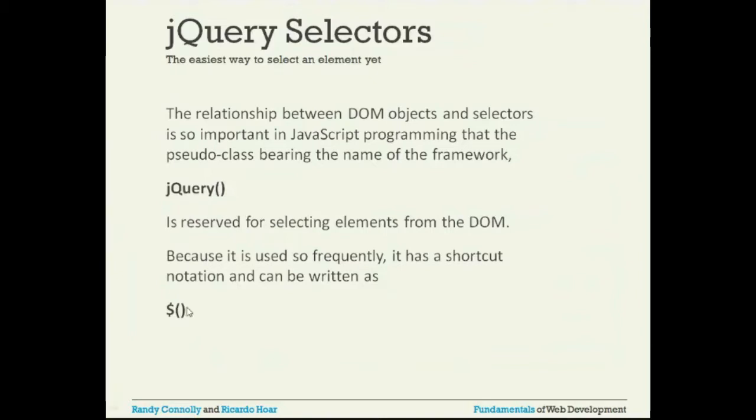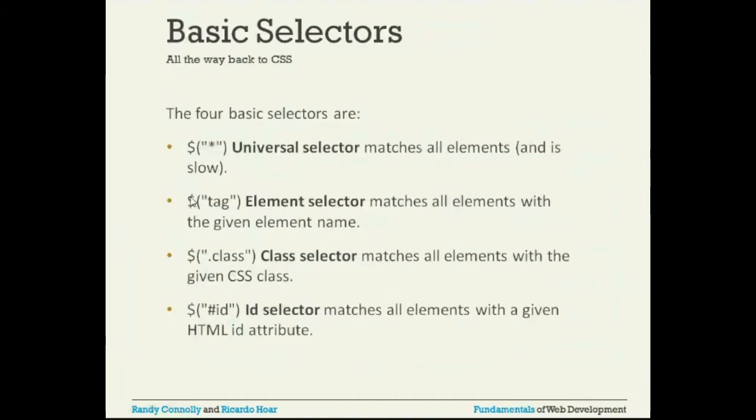The shortcut notation for jQuery is the dollar sign. Basically, we use that as a selector. If you give dollar with an asterisk, it is a universal selector, and it is going to select all the elements that are present.